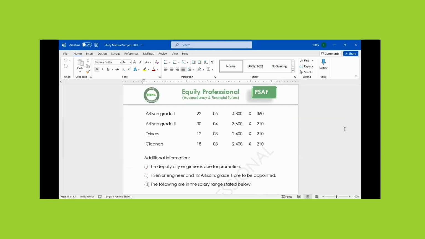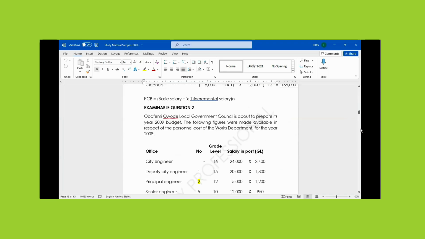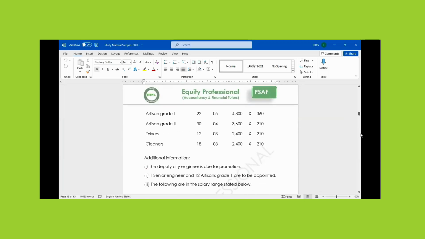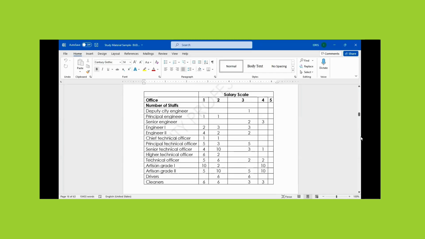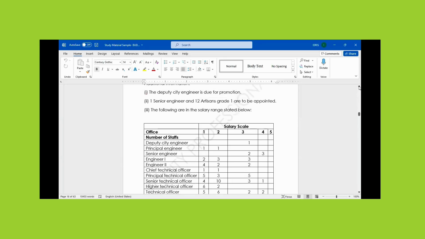And when you want to solve this question, what is very important is note 3 and 4. Look at this note 3, showing the number of staff, number of steps occupied by each of the staff in a post.